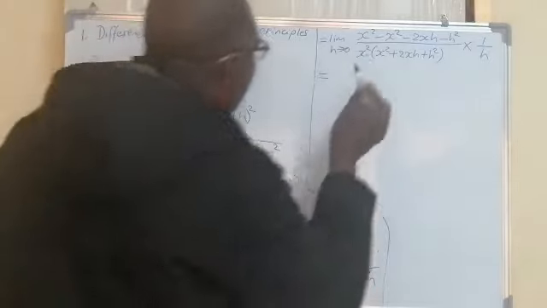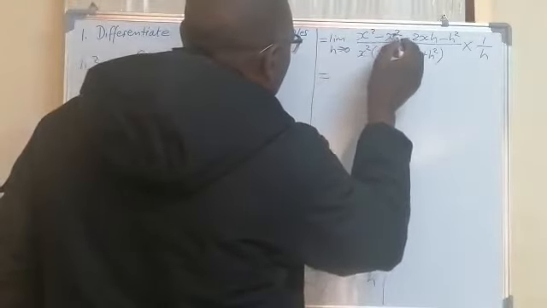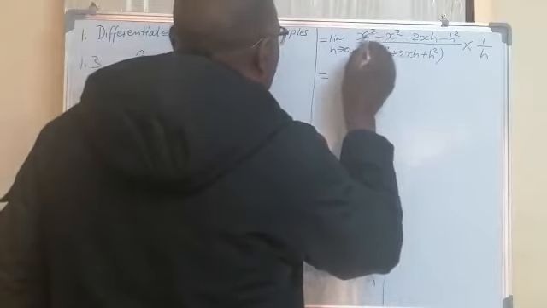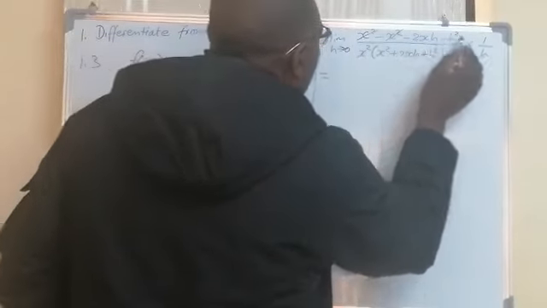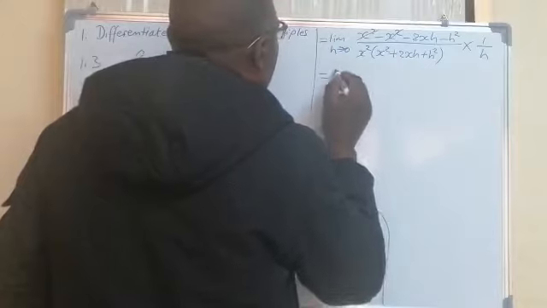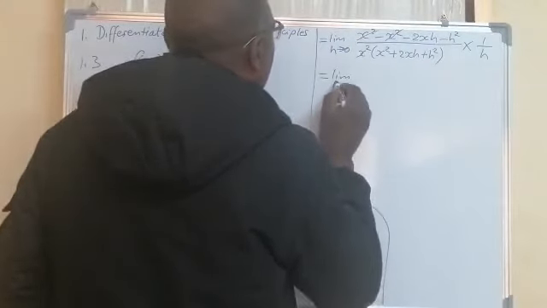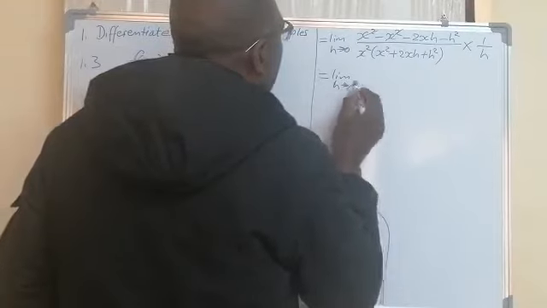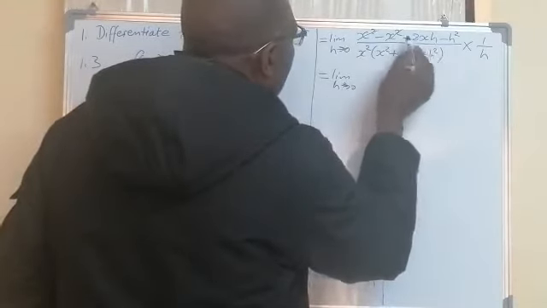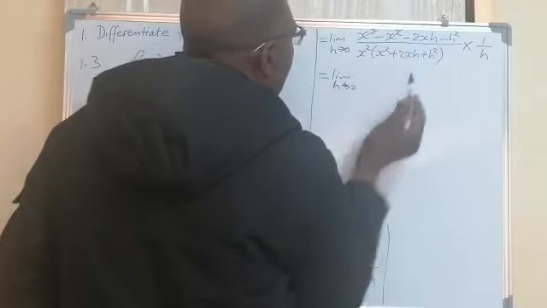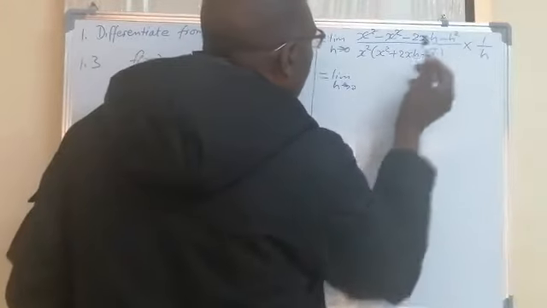Now here x squared subtracts x squared, so this is gone. We are left with that part, and then we say limit h to 0. What you're left with is negative 2xh minus h squared.